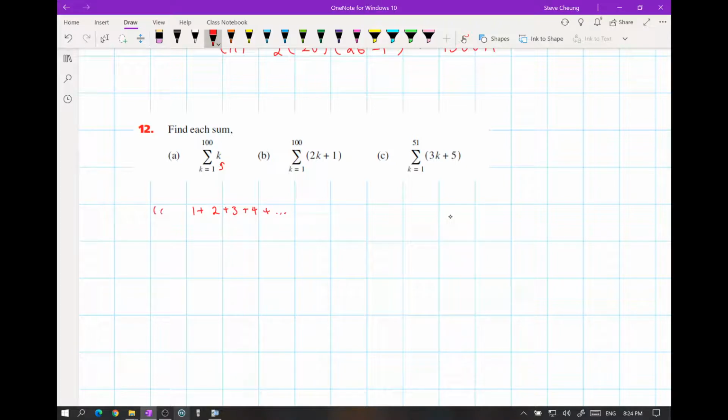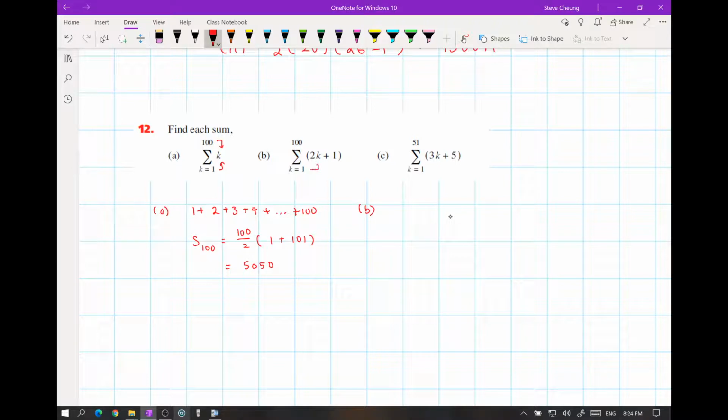So when k is 100, then this will be plus 100. So I'll use the nth term formula for the first and the last term. n over 2 times u1 plus un. And this should be 5050. This is a famous sum from Gauss.